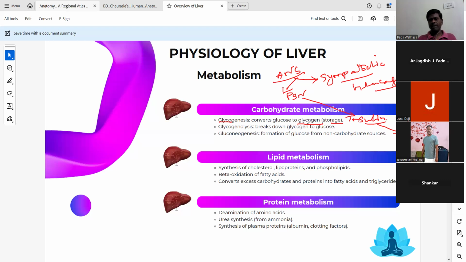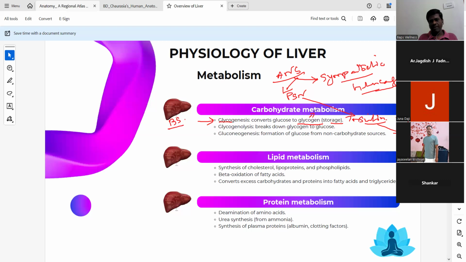It is the metabolic activity, whereas the sympathetic activity stops production of insulin and stimulates the production of glucagon, which converts this glycogen into glucose. It is a catabolic activity. Thereby, it regulates the blood sugar level.